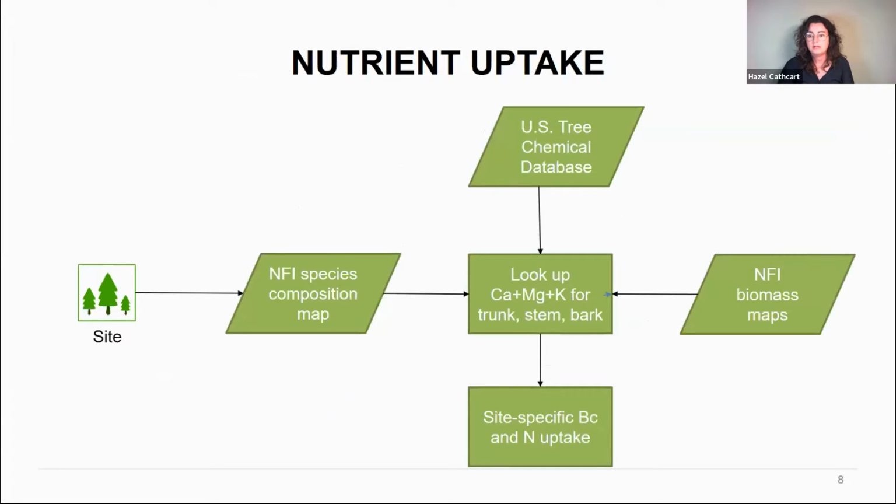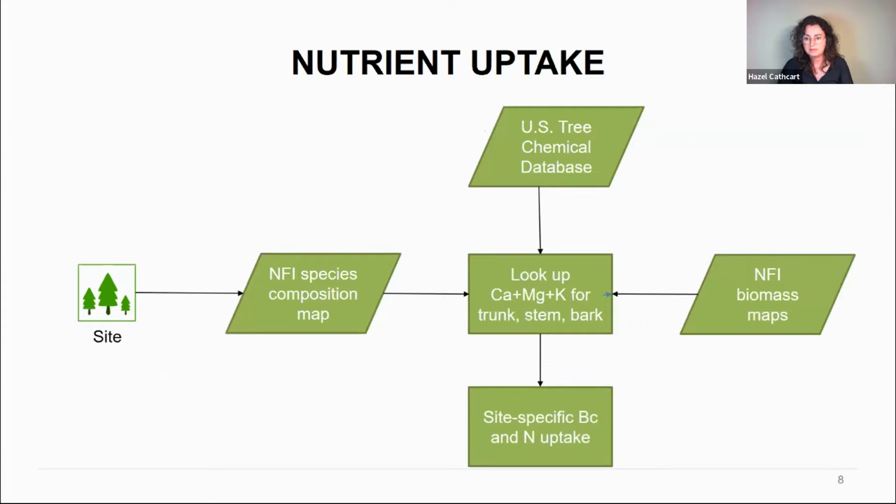There are two nutrient uptake maps that represent the base cations and nitrogen removal from the soil through uptake by vegetation and permanent removal through harvesting. Rather than use a blanket value, I made use of 250-meter National Forestry Inventory maps available in Canada and the U.S. tree chemistry database to determine uptake values on a site-by-site basis.